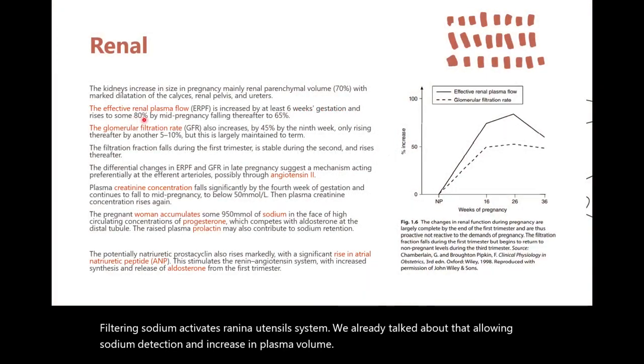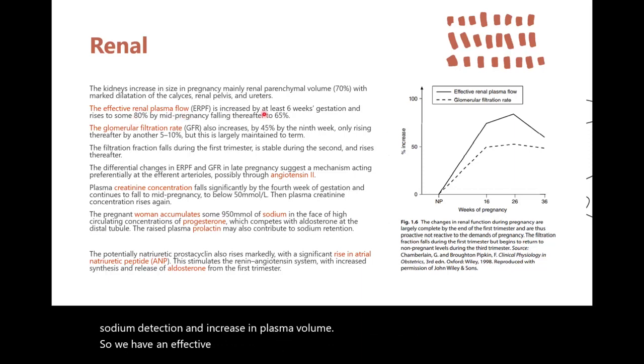So effective renal plasma flow is increased by 6 weeks of gestation, with also a glomerular filtration rate increase, a lower creatinine concentration, and a rise in the natriuretic peptide.